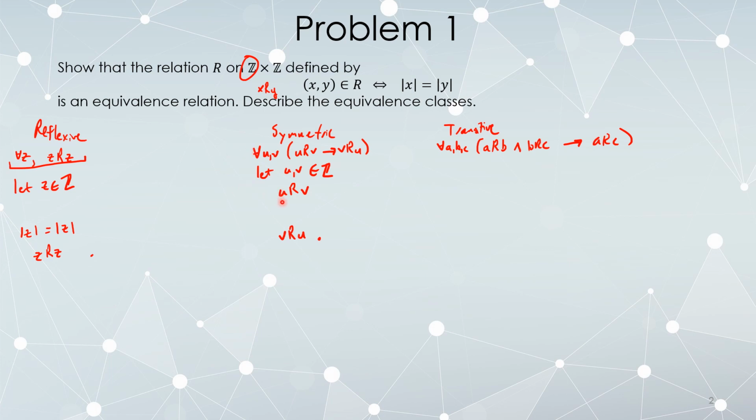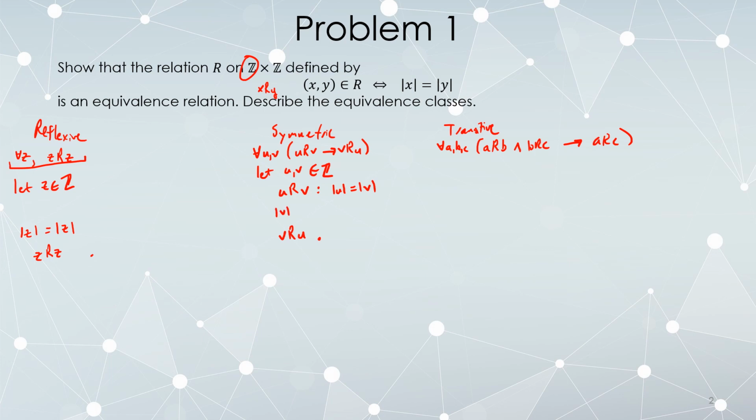So what does the assumption that u is related to v get us? The first number is related to the second if and only if the absolute value of the first is equal to the absolute value of the second. So from the assumption that u is related to v, we can say that the absolute value of u is equal to the absolute value of v. What would we like to say in order to claim that v is related to u?